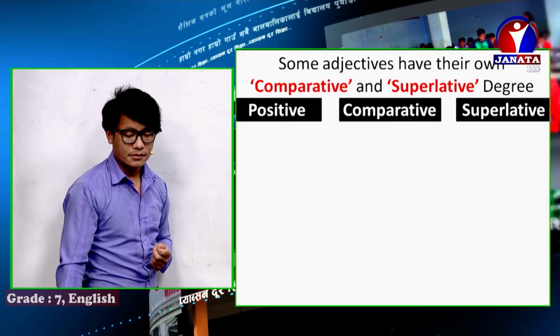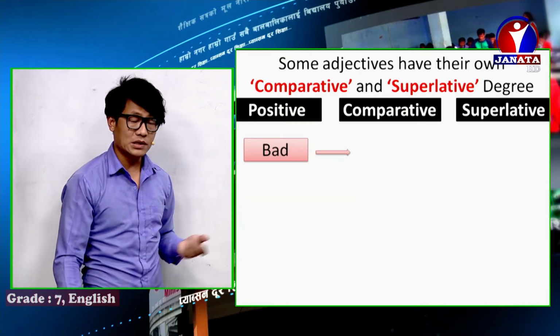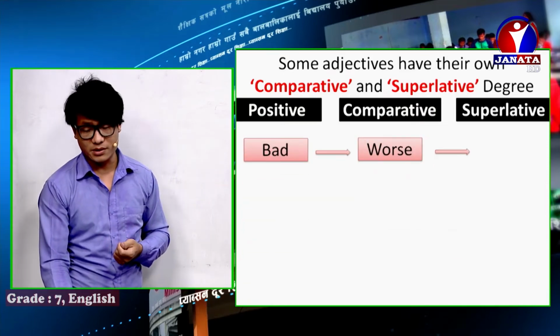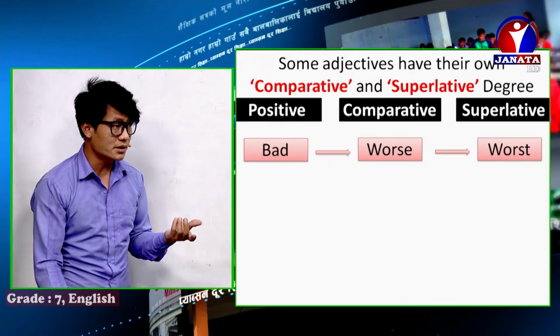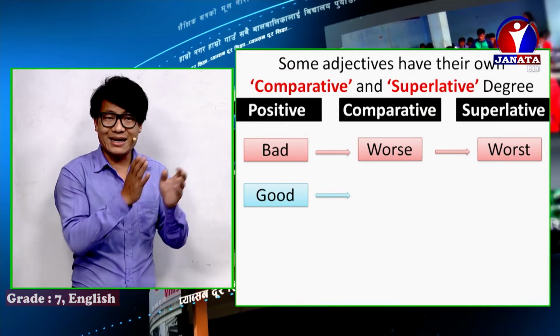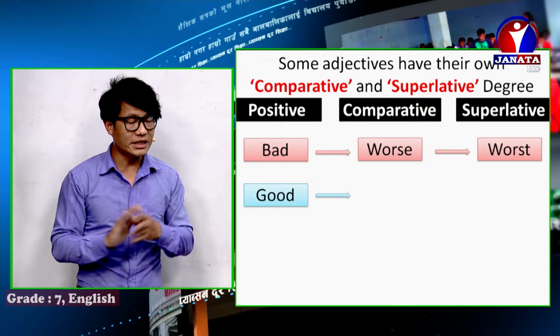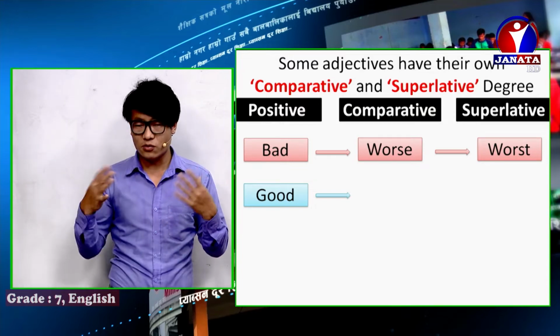Bad is positive, comparative is worse, and superlative is worst. We cannot add ER to make badder. We cannot do that. It has its own comparative and superlative form.